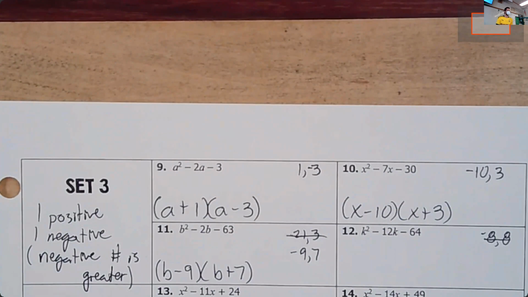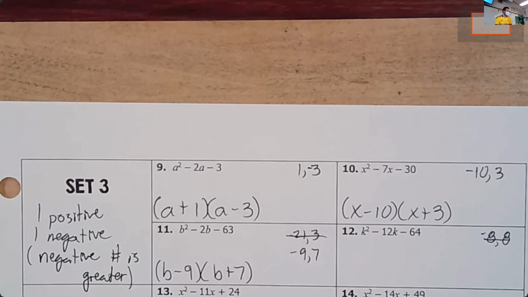64. What else multiplies to equal 64? And if you're not sure, just start systematically trying to divide 64 by numbers. Start with 2 and then try 3 and try 4 and 5 and so forth, and see if you can get two whole numbers that would end up working with adding up to -12.